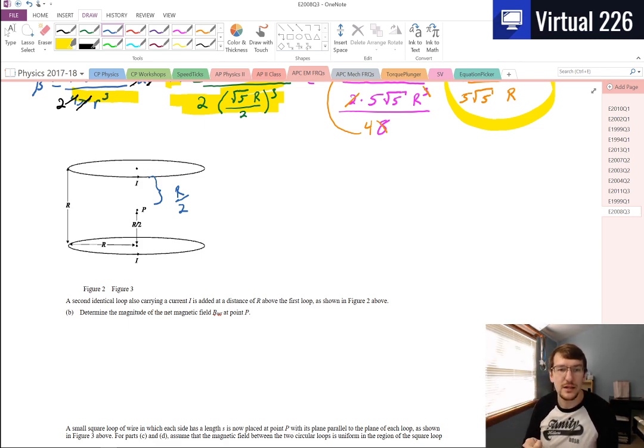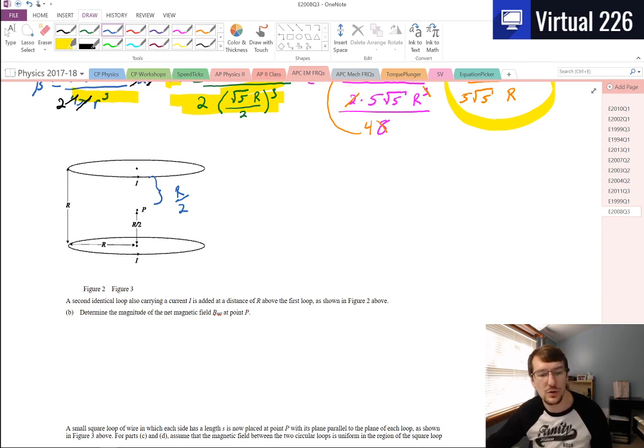What we're going to see here is that since our B field from the top loop is going to be in the same direction as the B field from the bottom loop, we can just multiply the B that we had from the prior problem and just add it in here.